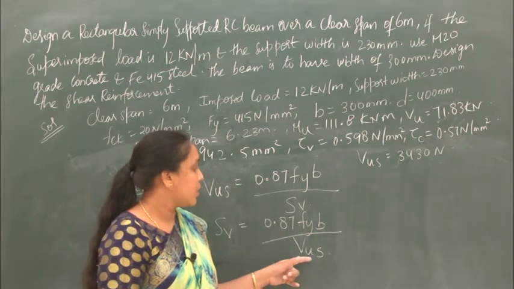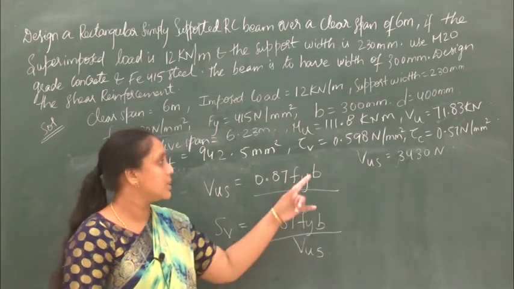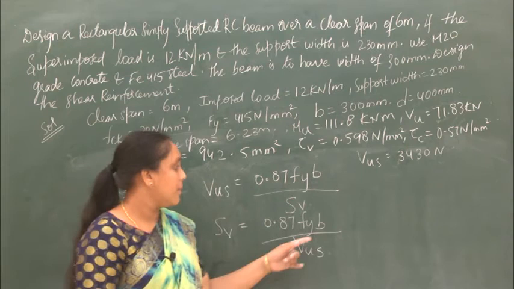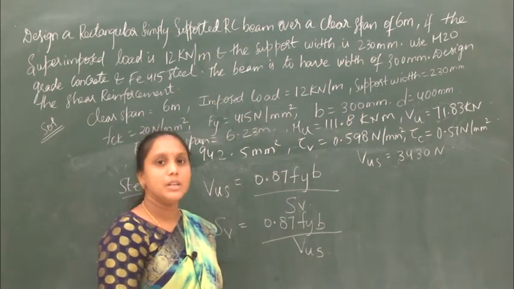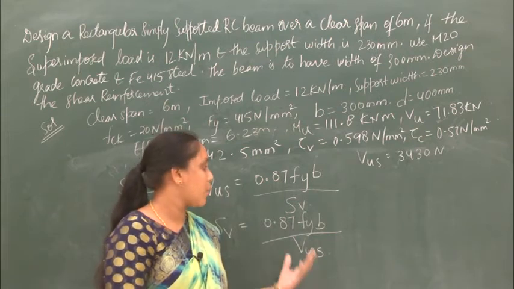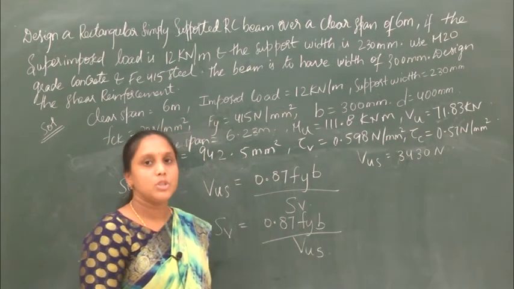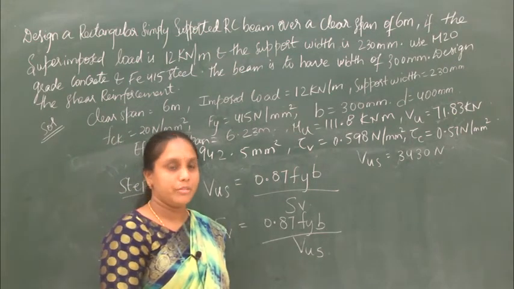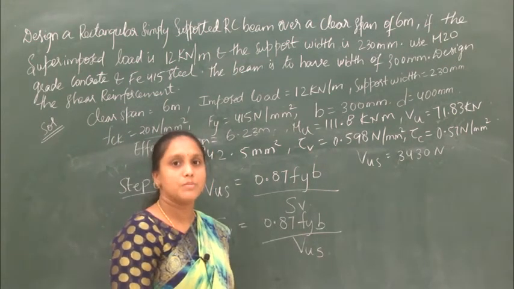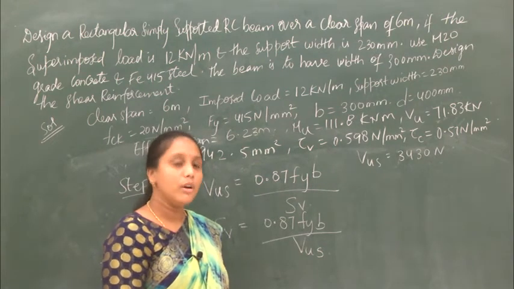Vus is what we have calculated now, that is 3430 newtons, and b is nothing but the breadth of the beam which is 300 mm, and Fy is nothing but the grade of the steel what I am going to provide for the stirrup. Suppose here I am providing the grade of steel of the stirrups as Fe250. So in place of Fy I have to substitute the value of 250.